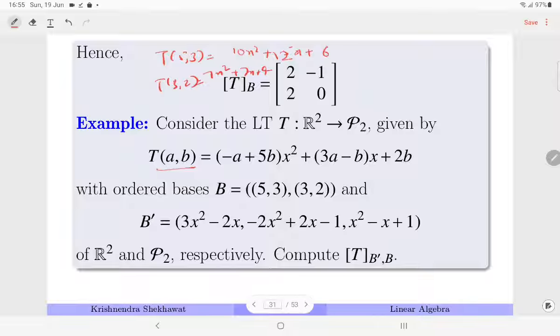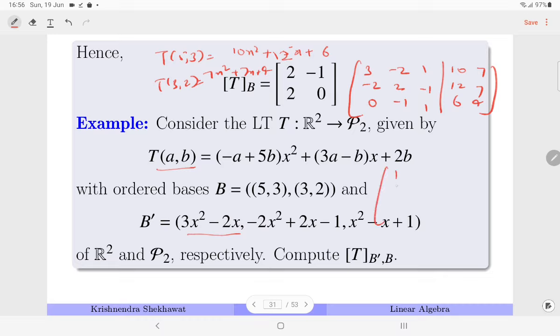Yes, it means that W1, W2 are already given. So this is W1, which is 3, -2, 0, then W2 is -2, 2, -1, then 1, -1, 1, and then 10, 12, 6, 7, 7, 4. And now I must compute its RREF.